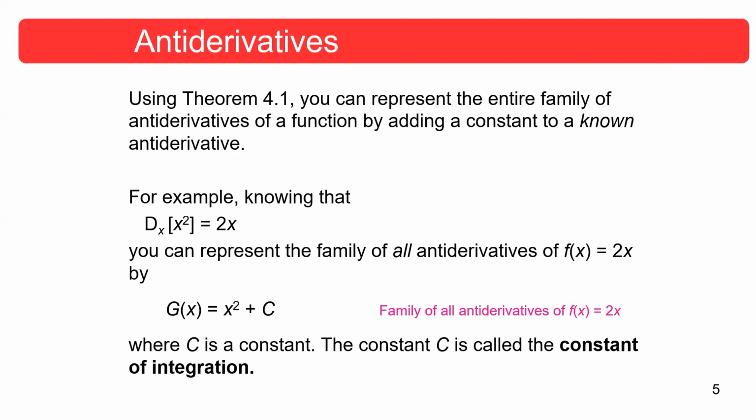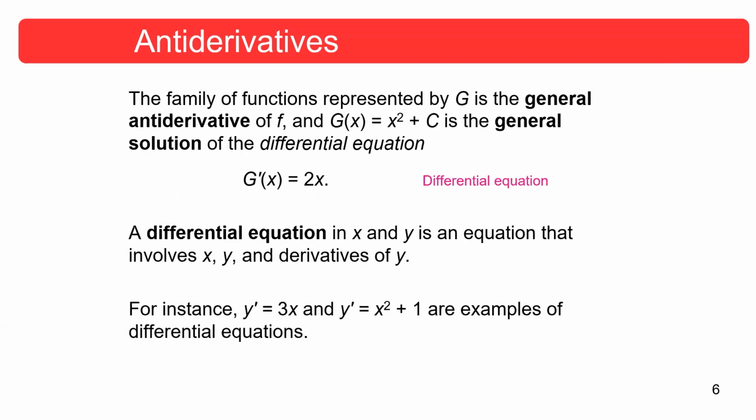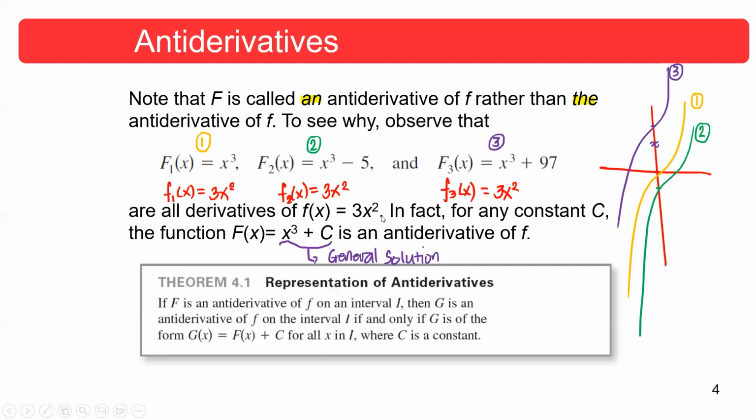Okay, let's go to the next slide. The family of functions represented by g is the general antiderivative of f. Kasi yung g natin is basically any function that's the antiderivative of this plus any constant. And as I said earlier, that is a general solution because we don't really know if it's the plus 97, if it's the negative 5, if it's this.